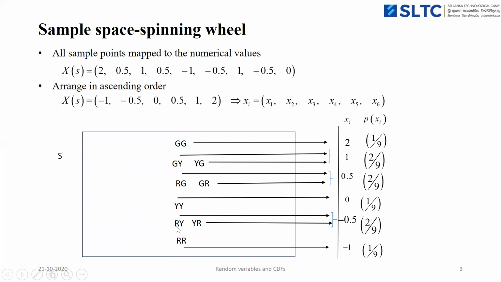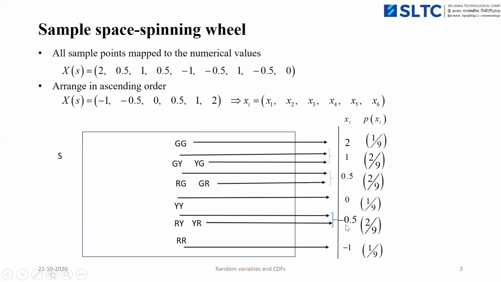Then RY and YR, these two outcomes, are mapped to -0.5 on the real line. Similarly, YY is mapped to 0, RG and GR are mapped to 0.5, GY and YG are mapped to 1, and GG is mapped to 2. In that way, all the sample points in the sample space are mapped into numerical values on the real line.